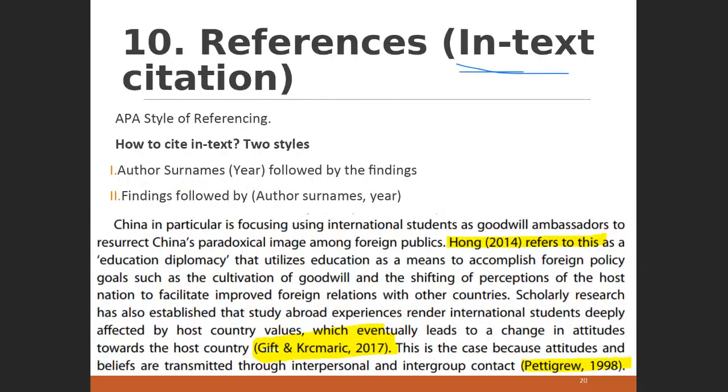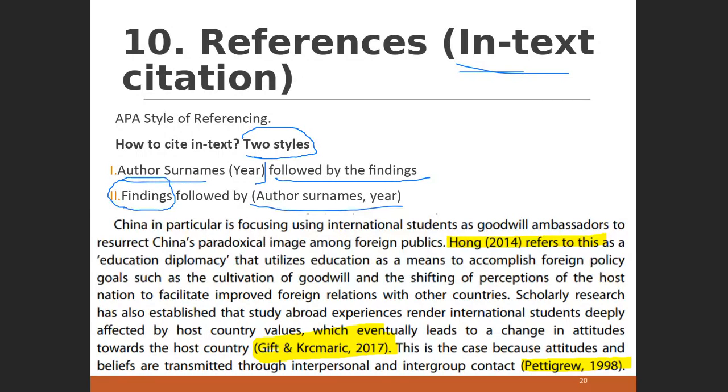The in-text citations generally follow two styles. The first style is that the author surname and year come first, followed by the findings of those authors. The second style is that the findings come first, and the author's surname and year come later.